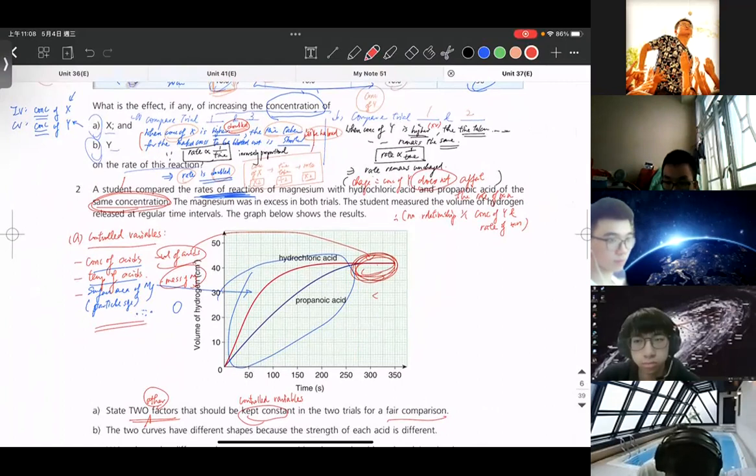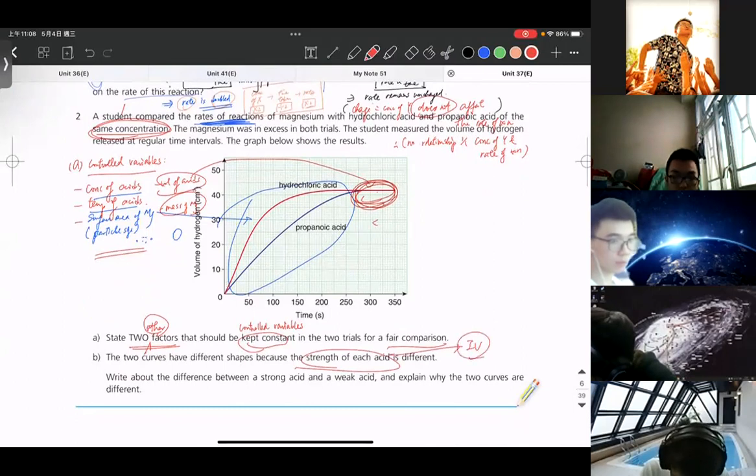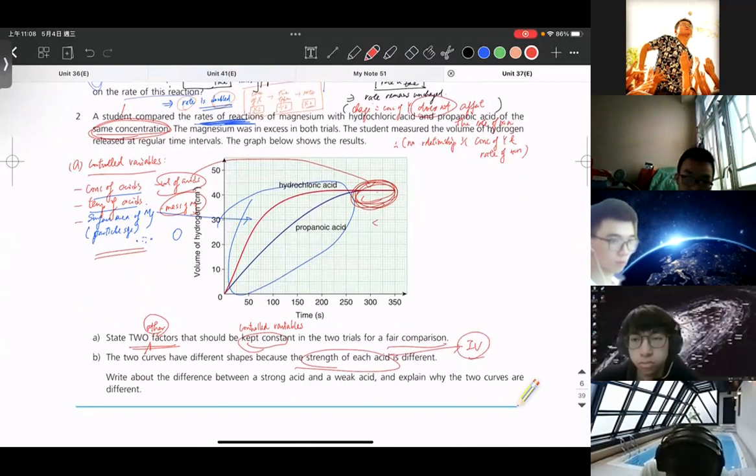How about B? The two curves have different shapes because the strength of each acid is different. I mentioned the strength of each acid, which means that the strength of the acid is our independent variable, isn't it? Of course, you may write it as type of acid, but the type of acid is problematic.